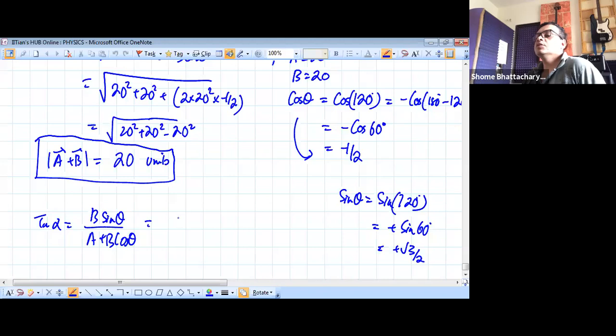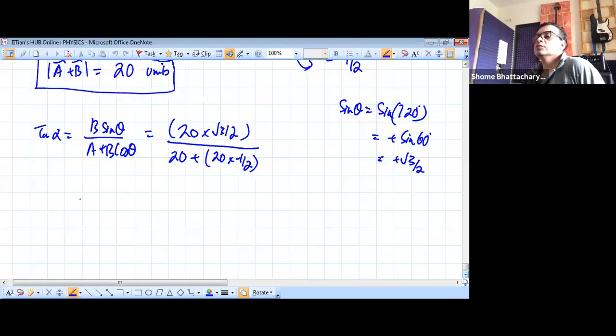So this now becomes 20 into root 3 by 2 divided by 20 plus 20 into minus half. You can see tan alpha will become 10 root 3 upon 20 minus 10. So that's root 3. So that means alpha is equal to 60 degrees.